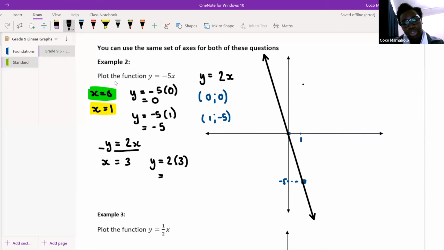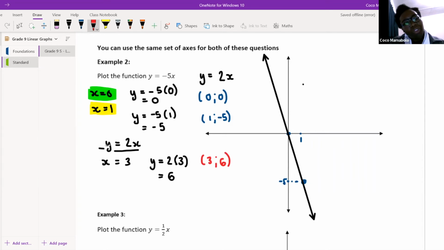This is going to give us 2 times 3. What's that going to give us? Are you still there? 6. Yeah, it's going to give us 6. Right. So that means my coordinate is actually 3 and 6.